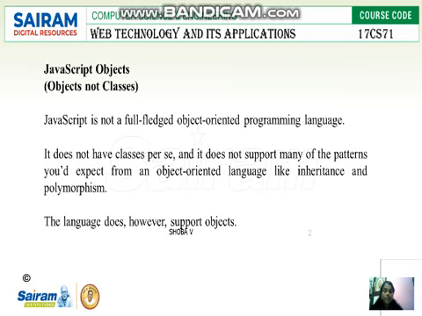In ECMAScript 5, we can create our own objects by using the Object.create function. If we want to create our own object, it is very easy. We can define and create our own object by an object literal.